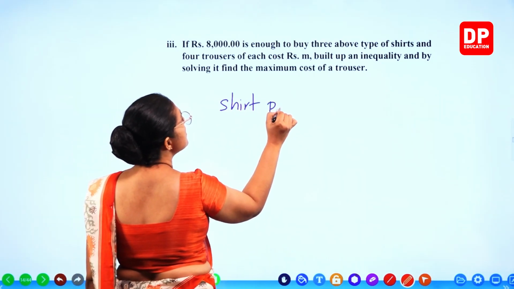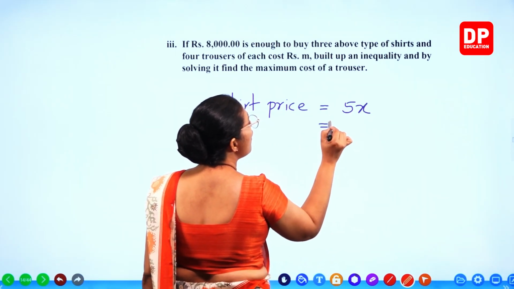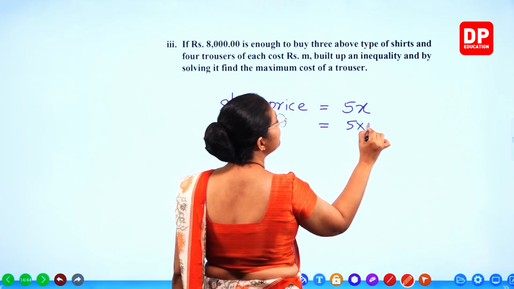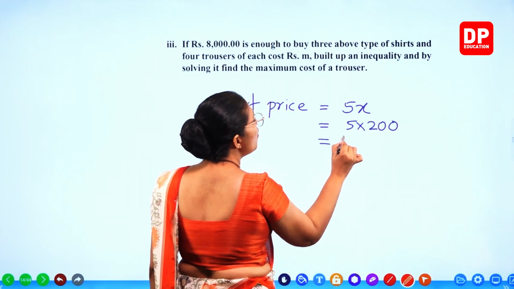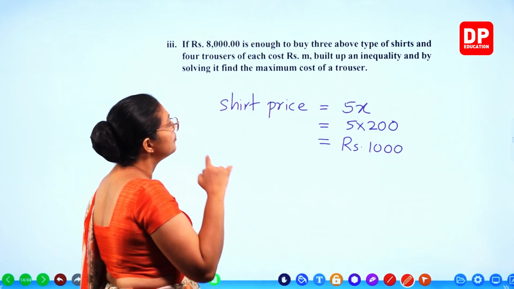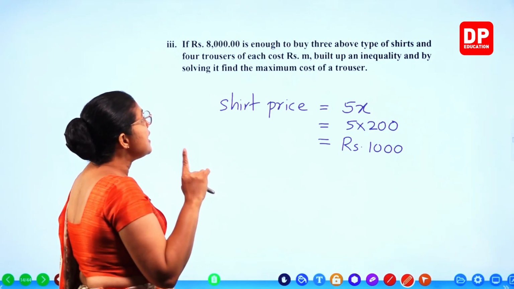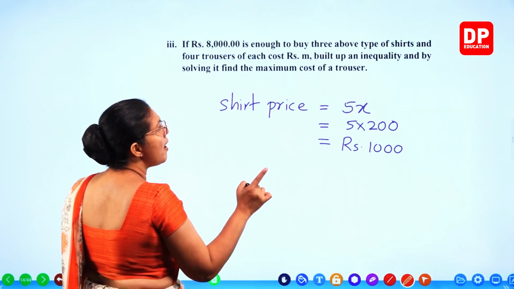Shirt price is 5x. So we found x is 200. 1,000 rupees is a shirt. Then it says, if 8,000 rupees is enough to buy 3 of the above type of shirts.